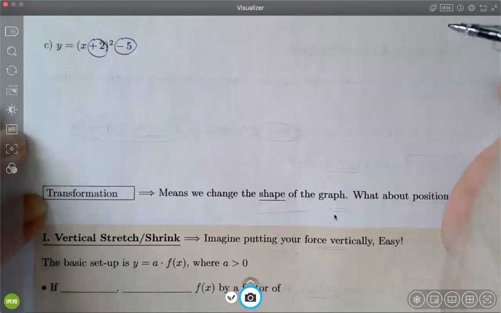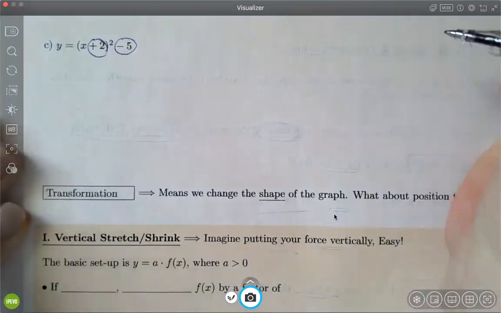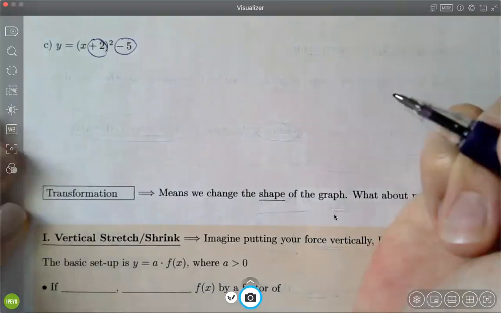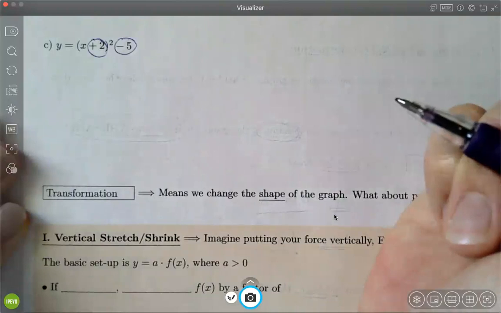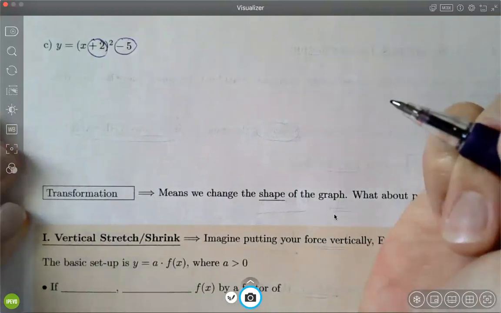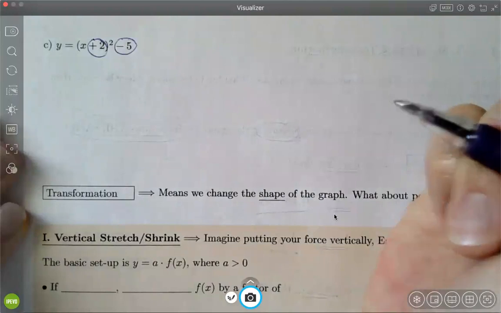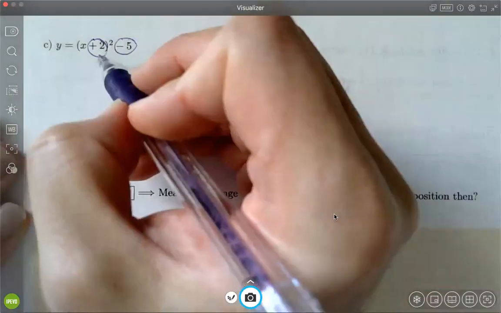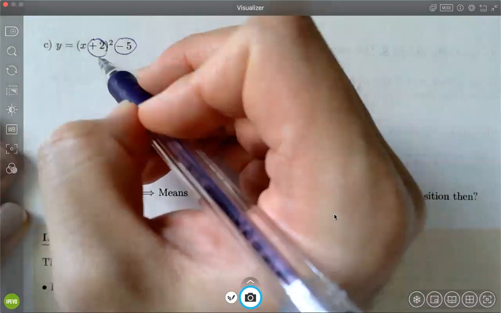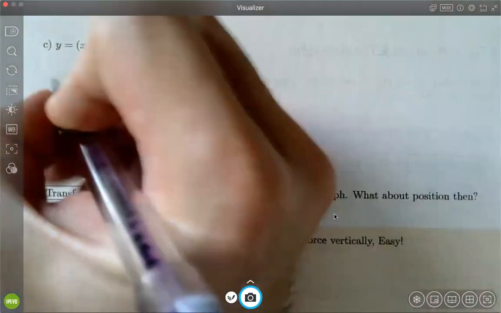Now, what does that plus 2 represent? Horizontal shift. So where do you go, left or right? Left. When we add something to x, it seems we have to go right, but no, we have to think backwards, so this means we go left.